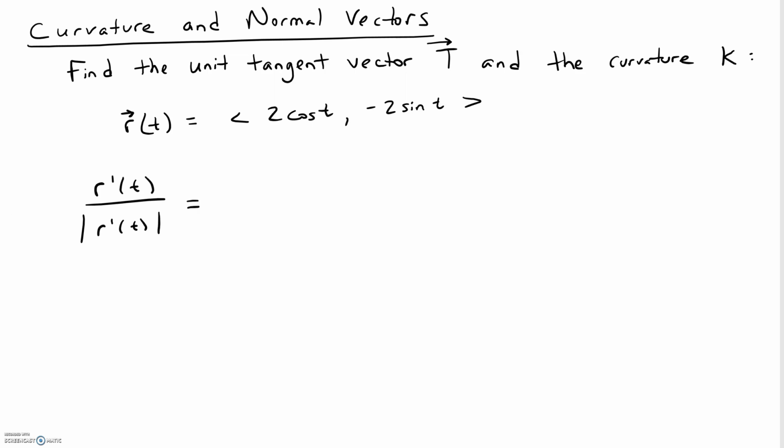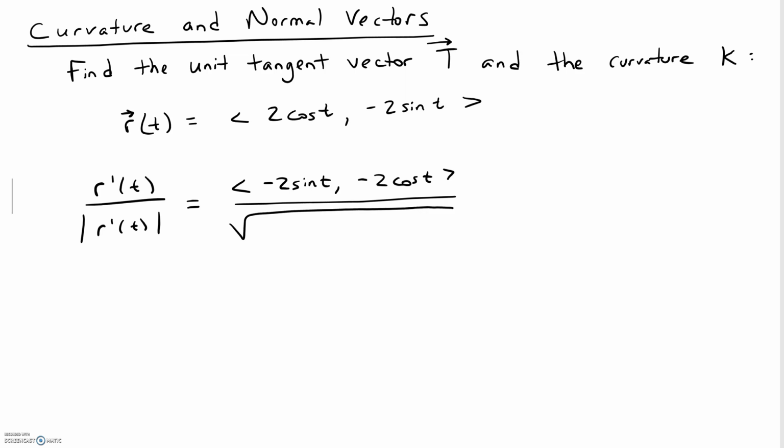Well, the derivative of r, the first component would be -2 sine t, and the second component would be -2 cosine t. And the magnitude of that, square each component.